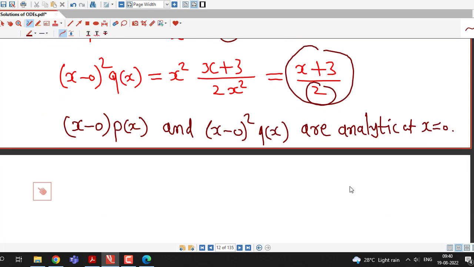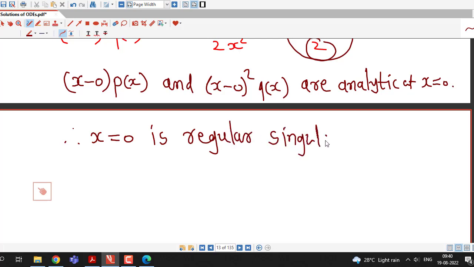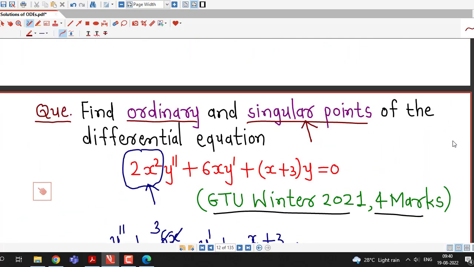Both are analytic at x equal to 0, and therefore we conclude that x equal to 0 is a regular singular point of differential equation 1, or a regular singular point of equation 1. So it is easy to check whether a given differential equation has ordinary and singular points, and whether singular points are regular or irregular, and generally they ask this type of question for 4 marks in university exams.